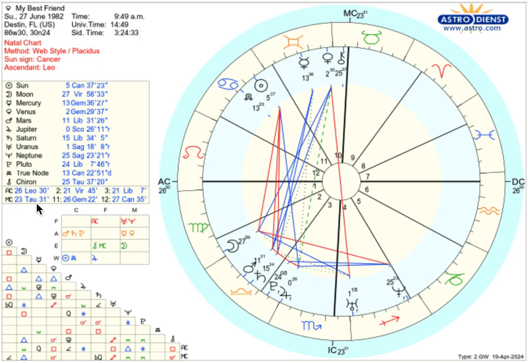Down here is information on how to figure out your houses. So the houses, let's break that up a little bit more. You've got your signs on the chart. When you look on the chart, you've got the glyphs of the planets, and then you have the signs around the outside.